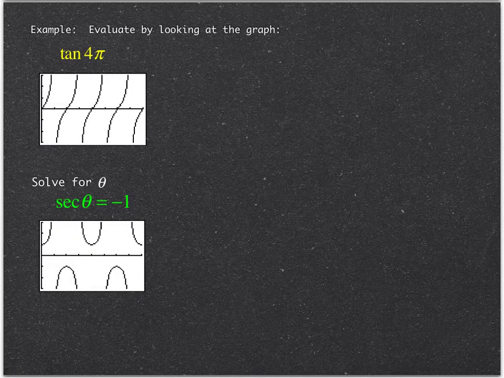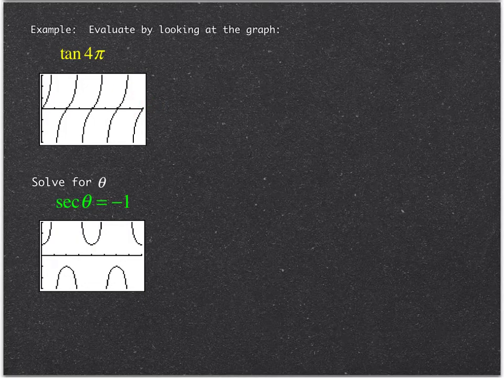Looking at these, first of all, evaluate the tangent of 4 pi by looking at the graph. Well, I have actually graphed this out, as you can see, and this graph goes from 0 to 4 pi. And so just looking where this might be, here's 1 pi, 2 pi, 3 pi, 4 pi, so 4 pi is right there.